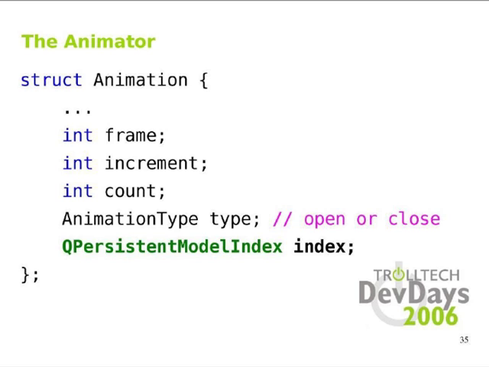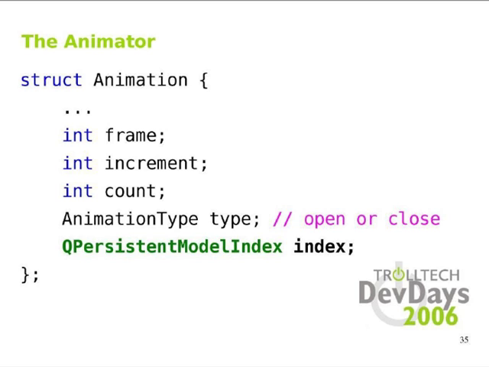So then the question is, why don't we just use persistent model indices all the time, right? Well, the answer to that is that even though the persistent model indices are not that heavy, they're actually pretty lightweight, it does add a little bit of overhead for the model to maintain them when something changes.